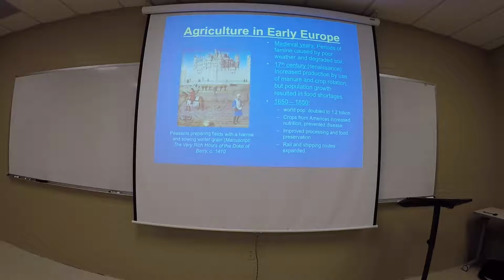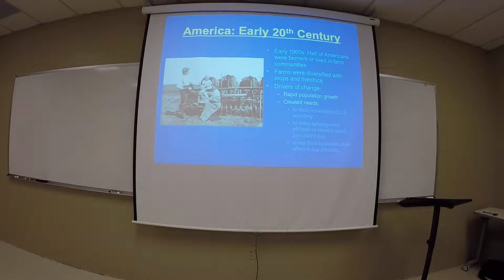So as soon as they had shipping, they started importing some of these crops from the Americas. Also started seeing improved processing and food preservation that helped. And then, as I mentioned, the rail and shipping routes were expanded. So all of this sort of helped to expand agriculture in Europe in these years.